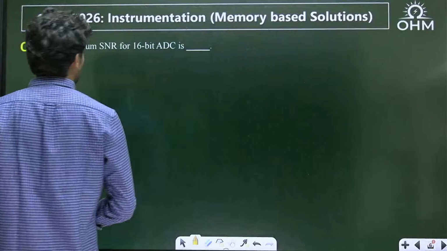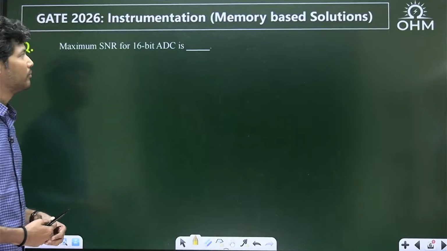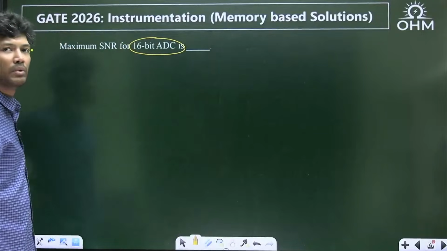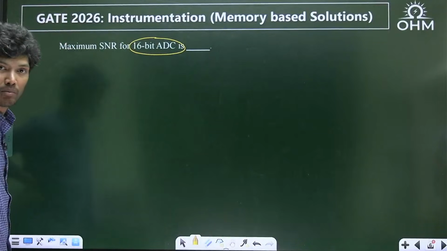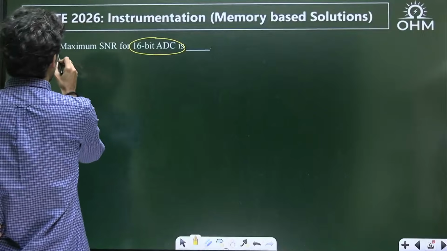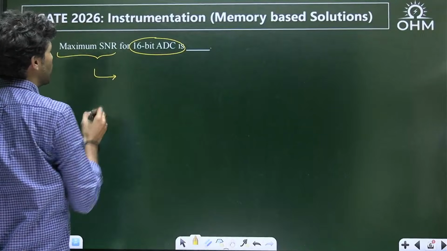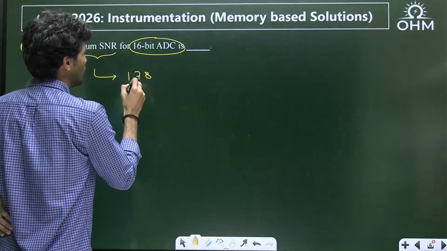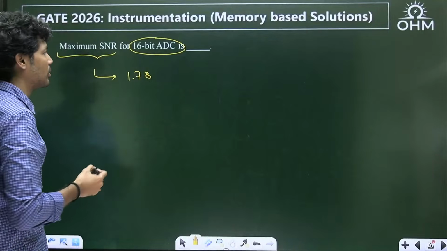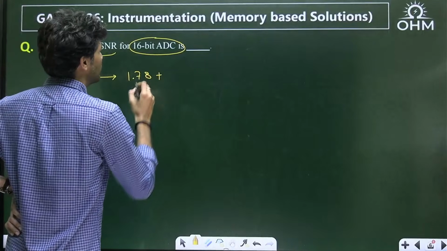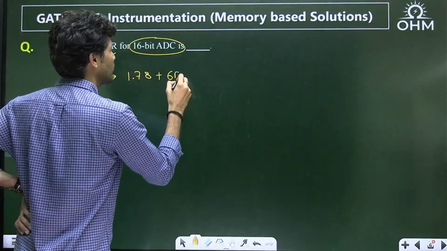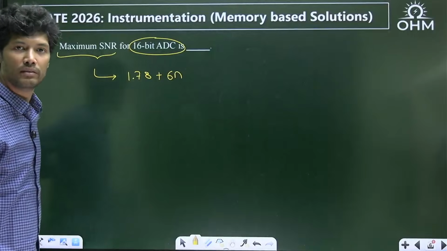This is again a straightforward formula based question: in a 16-bit ADC, what is the maximum SNR? The SNR in case of an ADC has a certain formula, that is 1.78, or approximately 1.8, plus 6.02n, which is approximately 6n, where n is the number of bits in the ADC.